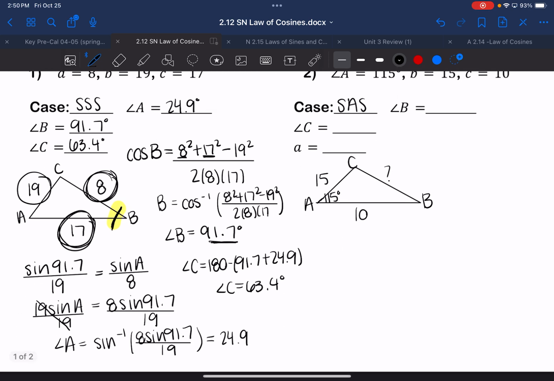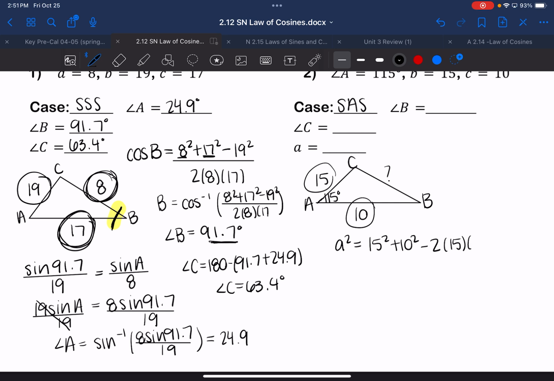So we're looking for side A. So I'm going to have A squared is equal to, I do the sides on either side of my angle. So what sides are on either side of my angle? 15 and 10. Perfect. So I'll do 15 squared plus 10 squared minus 2 times those two numbers.